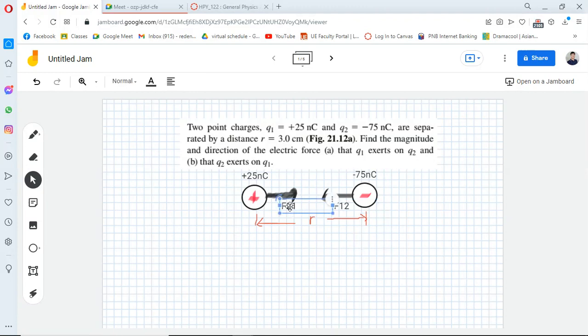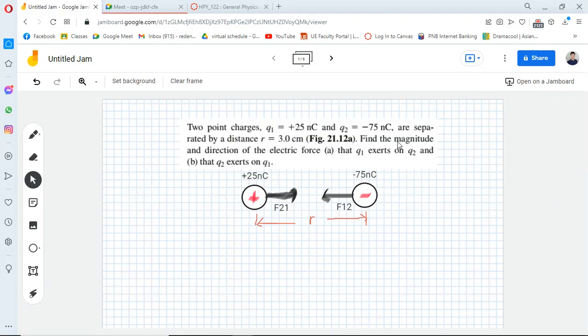Okay, so ganyan natin siya i-set up, the F21 and F12. So, pwede na ba tayo makapag-solve? Yes, pwede na. Pag meron na tayong sketch na problem, nandiyan na lahat ang nire-represent ng different variables, we can now solve the problem itself.